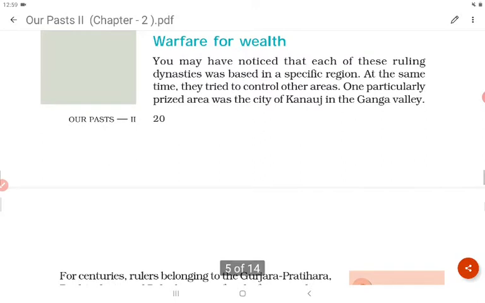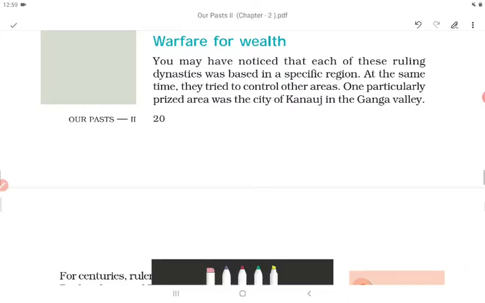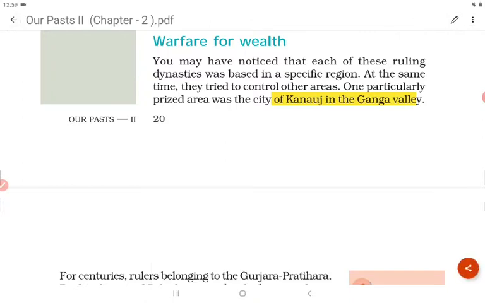Warfare for wealth. You may have noticed that each of these ruling dynasties was based in a specific region. At the same time, they tried to control other areas. One particular prized area was the city of Kannauj in the Ganga Valley.